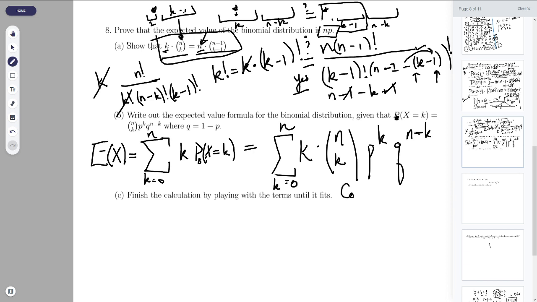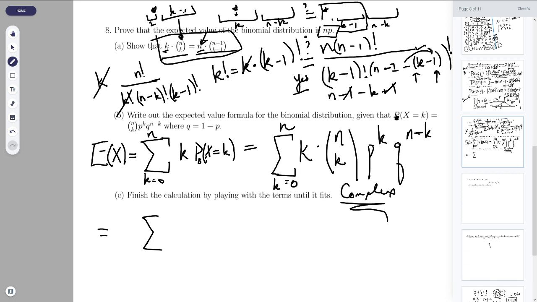You look at it and you're like, there's 4 different things I have to worry about, and they're all kind of moving around because every time k changes, this changes, this changes, that changes. How on earth do I get a handle on this summation? Well, maybe if I replace k times n choose k with n times n minus 1 choose k minus 1, maybe something will shake out. So let's see what happens if we do that.